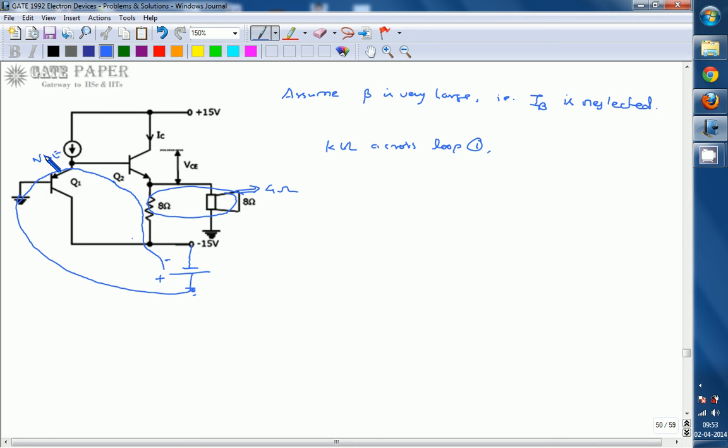So here we are covering VBE of the PNP transistor and VBE of the NPN transistor and 4 ohms. The current flowing through 4 ohms is IC.